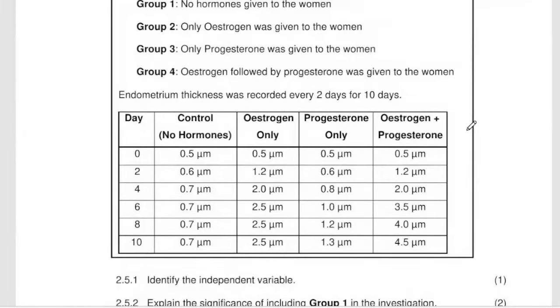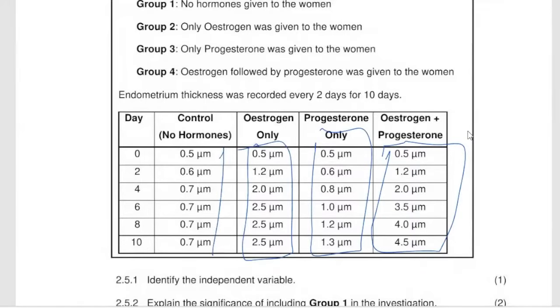If you look at this, we see that estrogen and progesterone increase the thickening of the endometrium. If you look at this, it shows, you check here, check here, and this is the control.